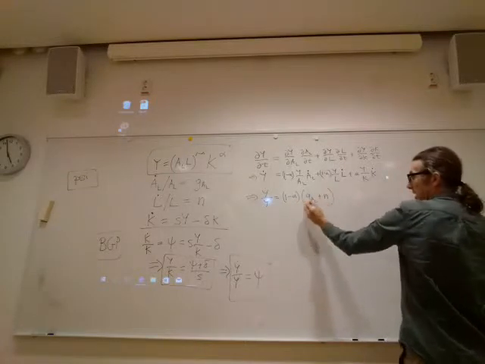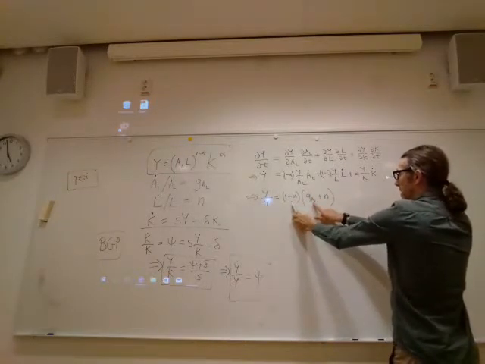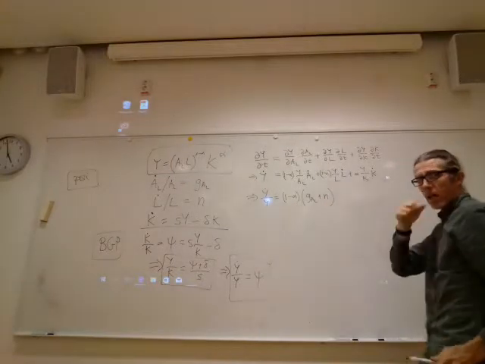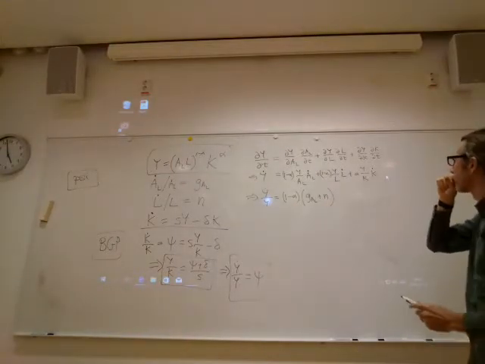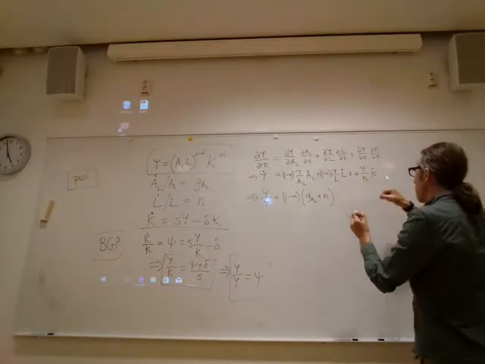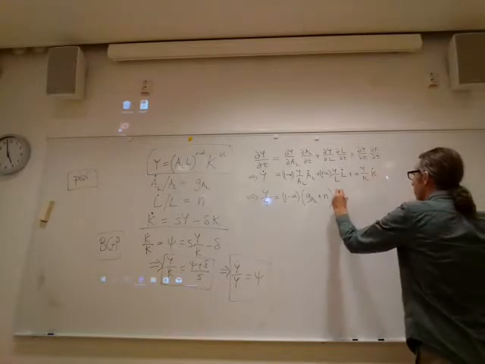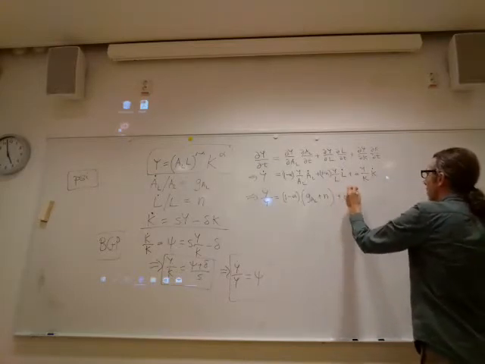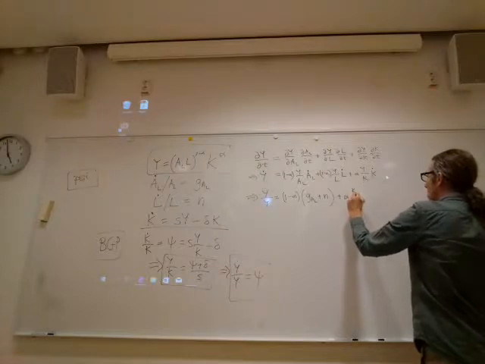And I can put that in the bracket like this: (1 minus alpha)(GAL plus n). Plus alpha K dot over K.